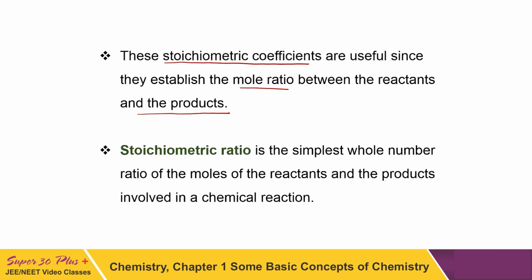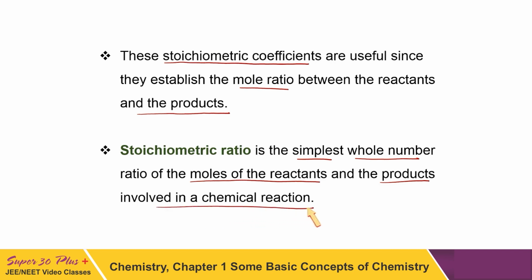So stoichiometry is very important to study the reaction, to get the amount of product and the remaining amount of the reactant. And the stoichiometric ratio is the simplest whole number ratio of the moles of the reactants and also the products involved in a chemical reaction.